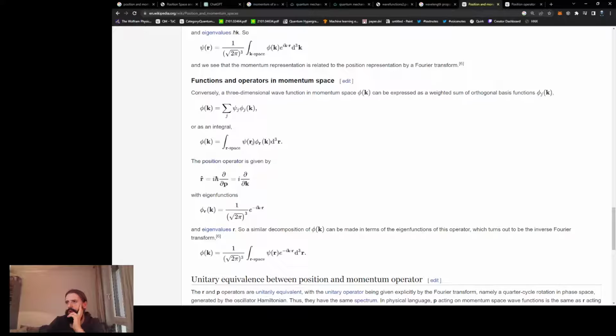Why can you say that? But you're integrating over r. So essentially, you're doing a product of wave functions, right?